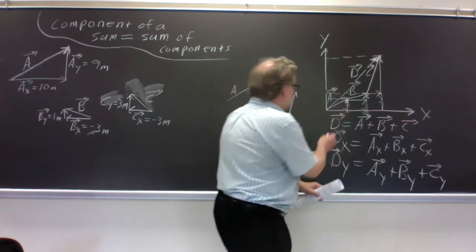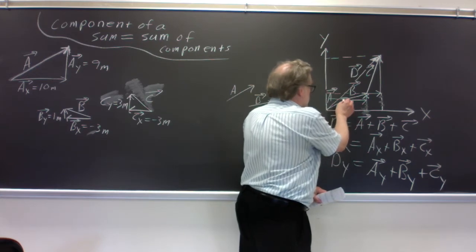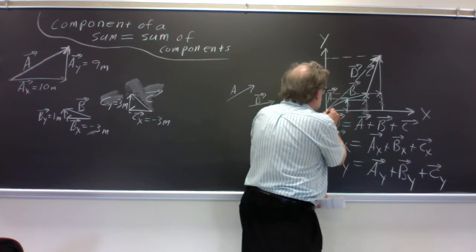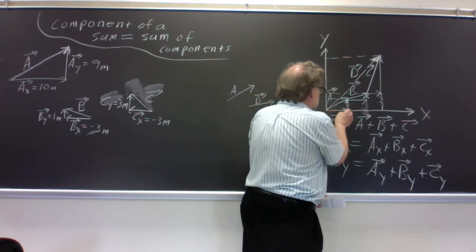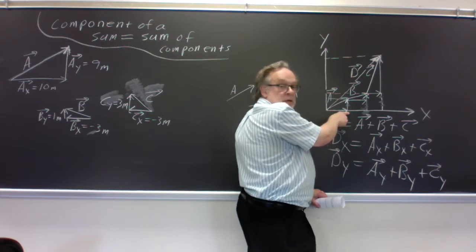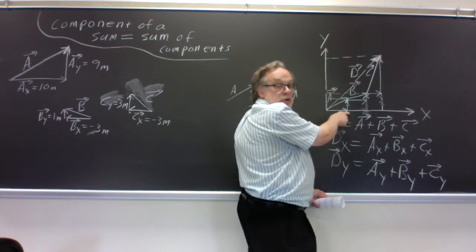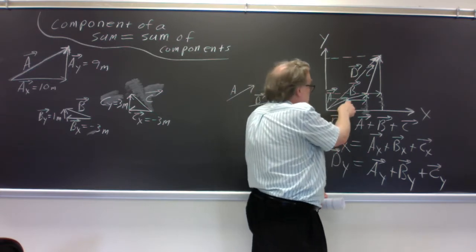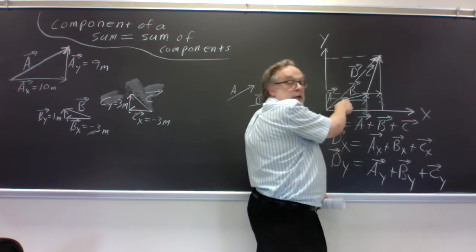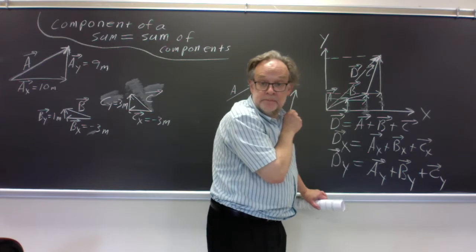So here's the triangle that represents displacement A and its components. Here's the x component of A, some displacement, this much displacement along the positive x direction, and then here's the y component of A.